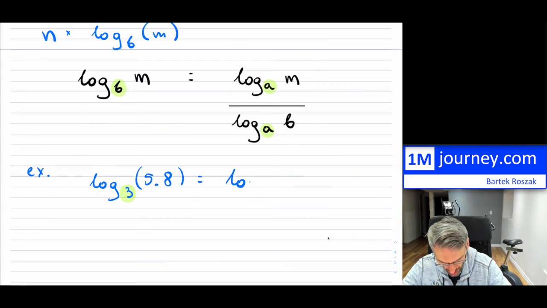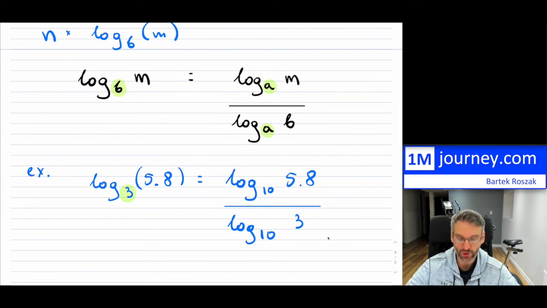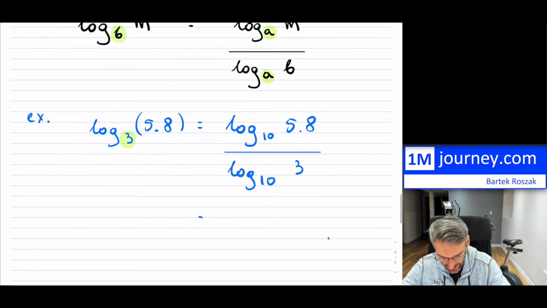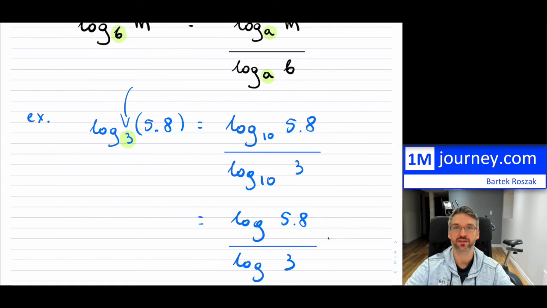We can say, I can just change this to log base 10 of the first number, the one inside that bracket, divided by log base 10 of your actual base. So you're switching bases. And this you can certainly calculate on your calculator because this button does exist. So you have just changed it to base 10. That's the convenience of this particular property. It's super useful because most calculators won't let you just input any base that you like.